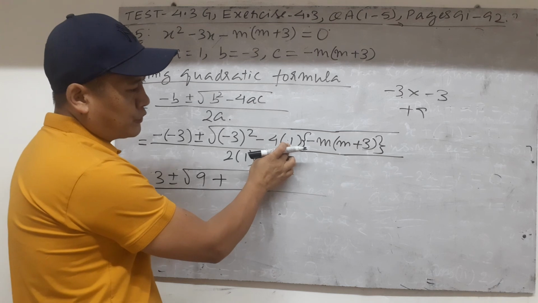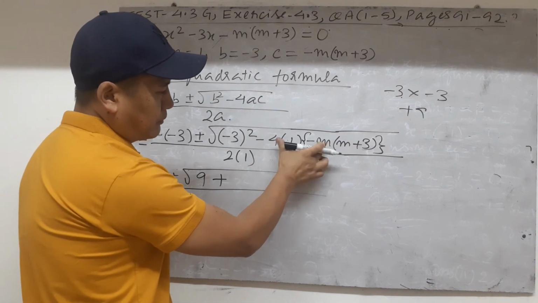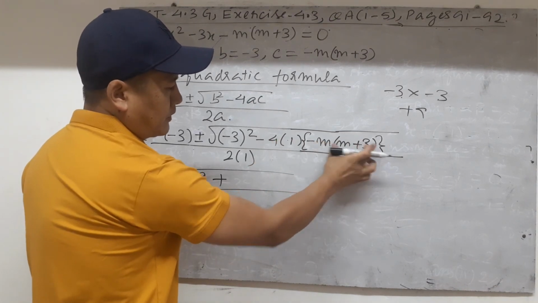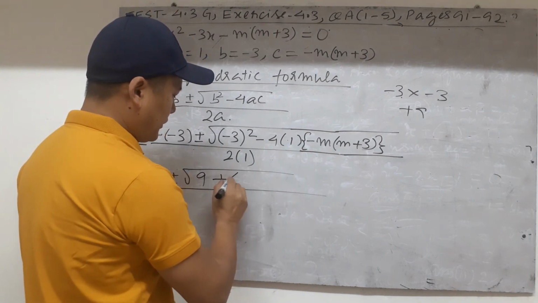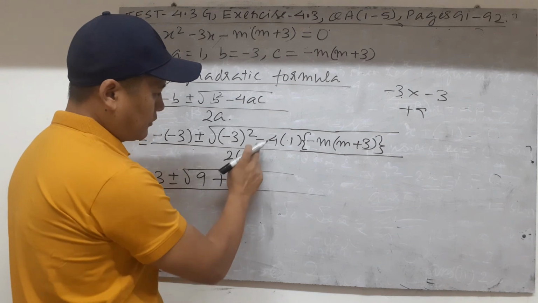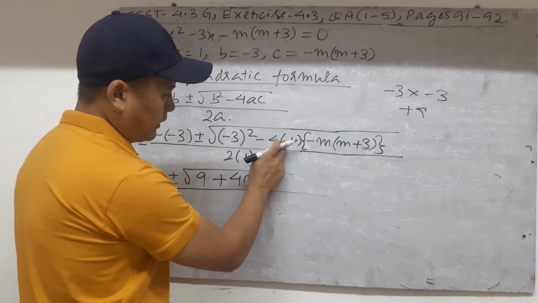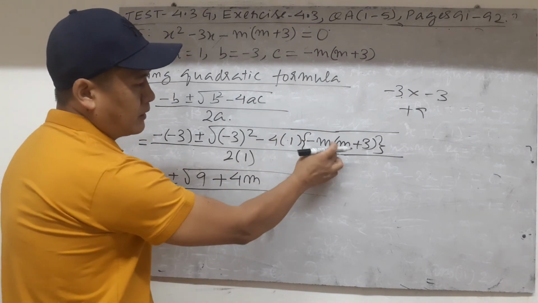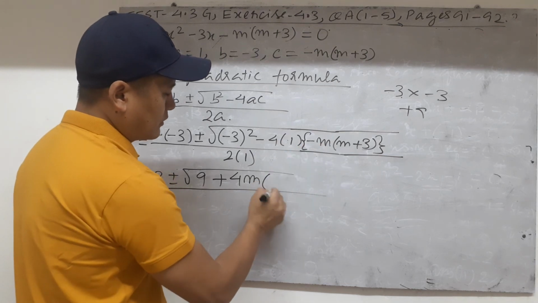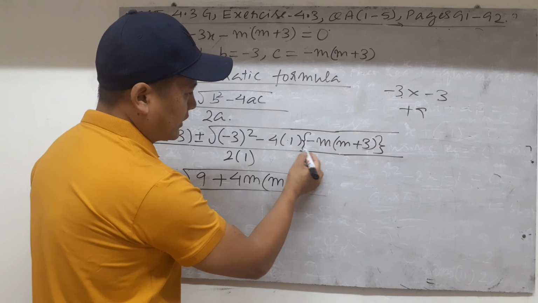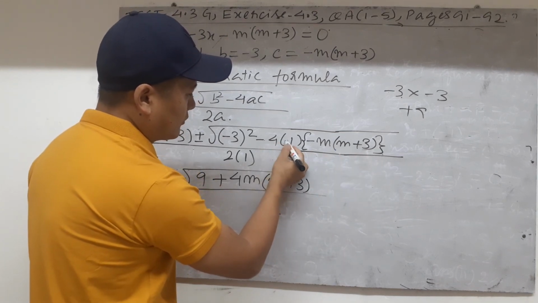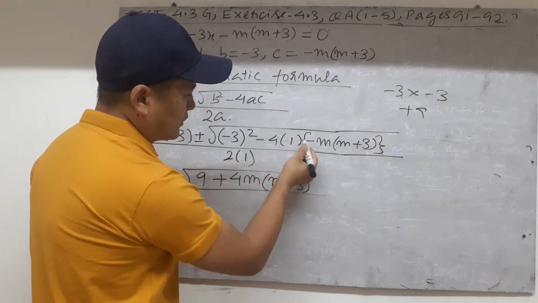4 1s are 4, and 4 into m, up to here only you multiply first. Keep this aside for some time. 4 1s are 4. 4 into m, 4m. So you write your 4m, and plus here because minus into plus is minus, minus into minus is plus. Up to here we have touched. So this one don't touch, just put it, and here m plus 3. This bracket has disappeared because you have multiplied minus into plus, minus, minus into minus.